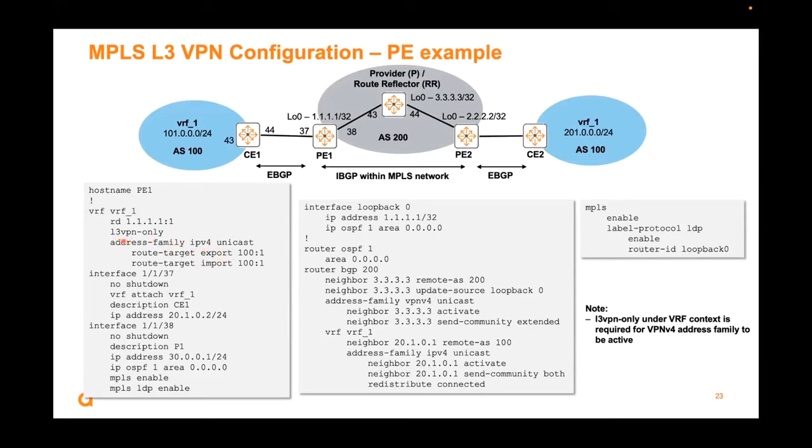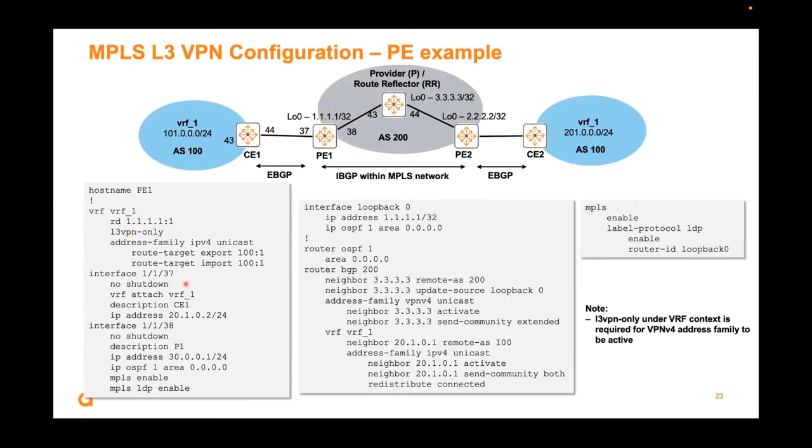So you see this command here, layer 3 VPN only. That's a new command that's required for MPLS VPNs. So this is required for the VPNv4 address family to be active. That means it's mandatory. If you want to have layer 3 VPNs, you have to use this command under the VRF.